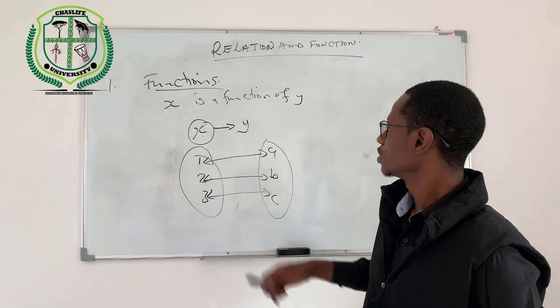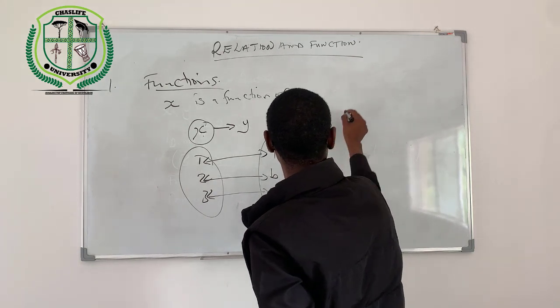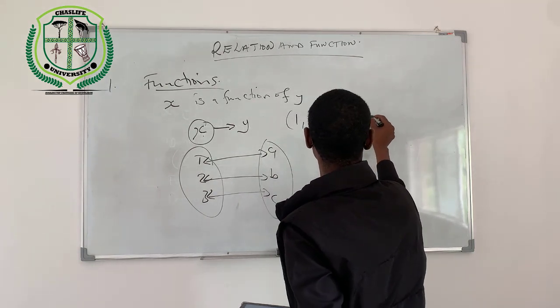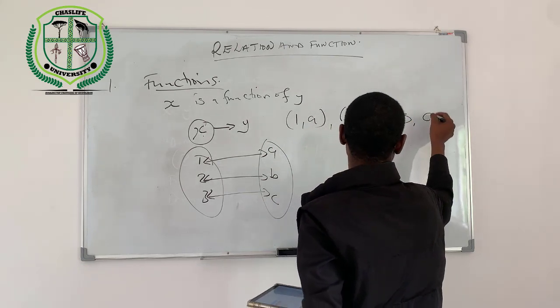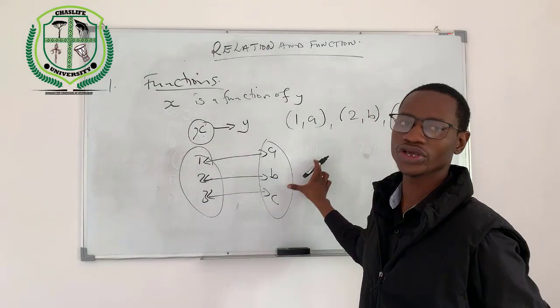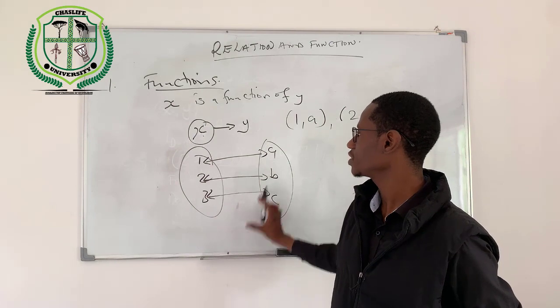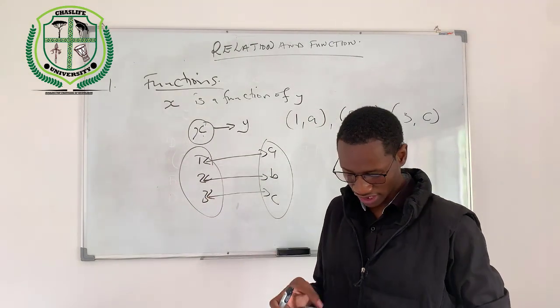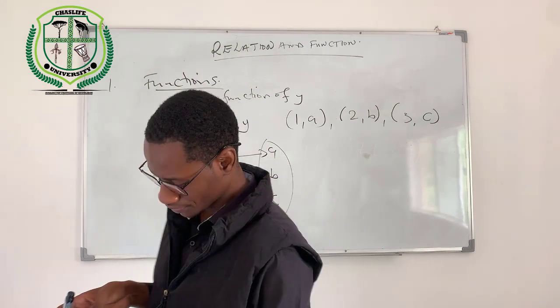You have something like this. We got 1a, okay, then we got 2b, then we have 3c, something like this. So with this arrangement, when we map it, it will look something like this. This can be the answer to show that there is a relation, okay?